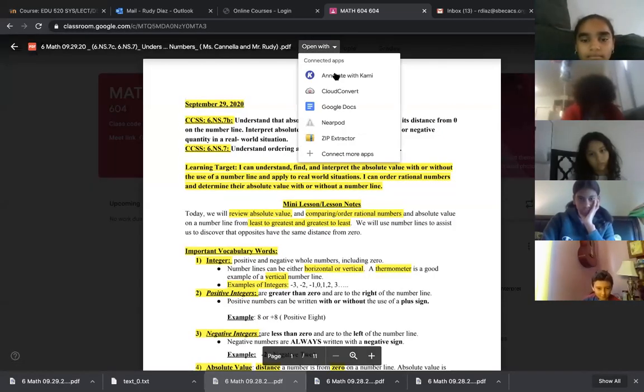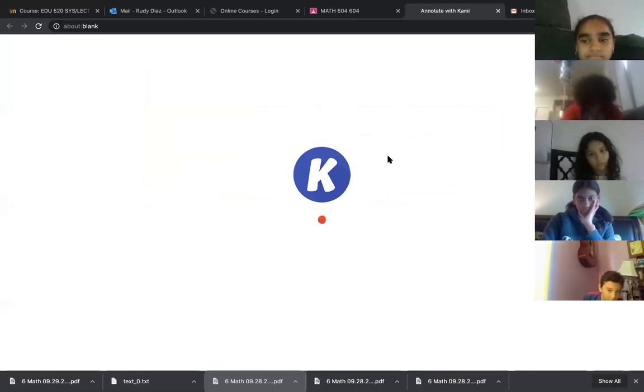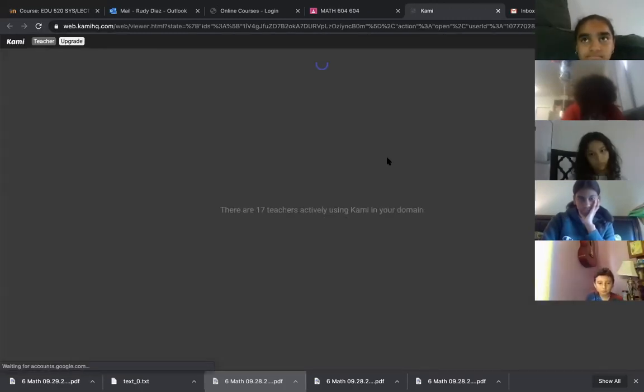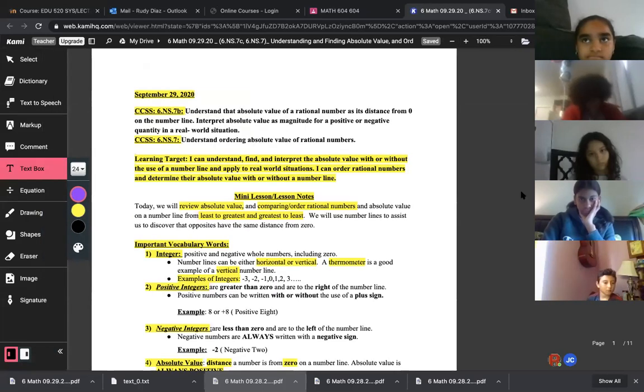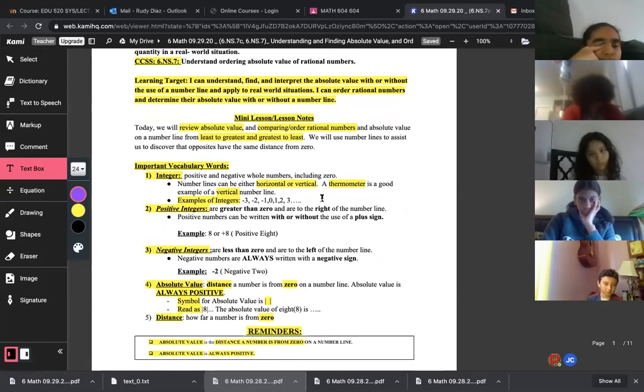All right. So again, we're learning how to find the absolute value on a number line, both vertical or horizontal, and apply it to real world situations, standard 6.NS.7 and standard 6.NS.7b. Integers are positive and negative whole numbers, including zero. Number lines can be either horizontal or vertical.